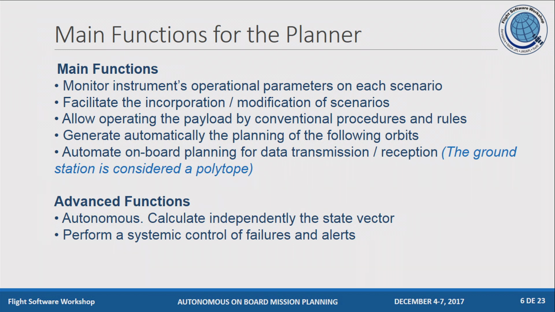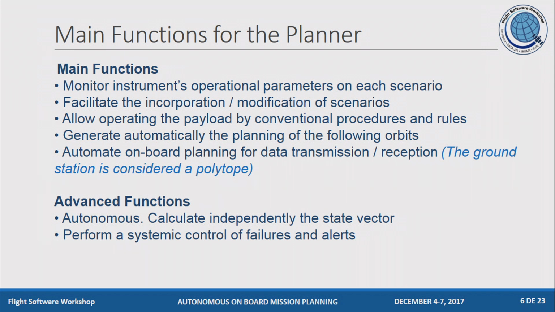I want to mention that the idea of the planning is to use something called a polytope, which is like a polygon, and we'll use this information to generate events when the satellite is passing over that area.